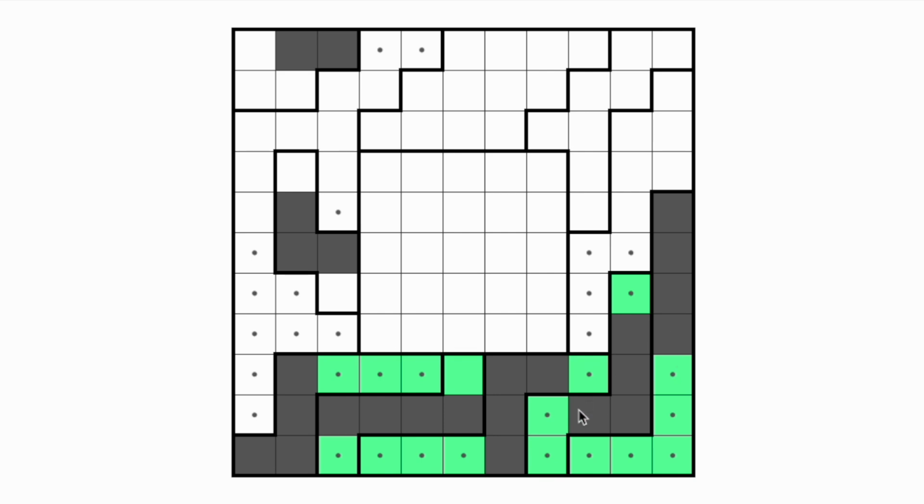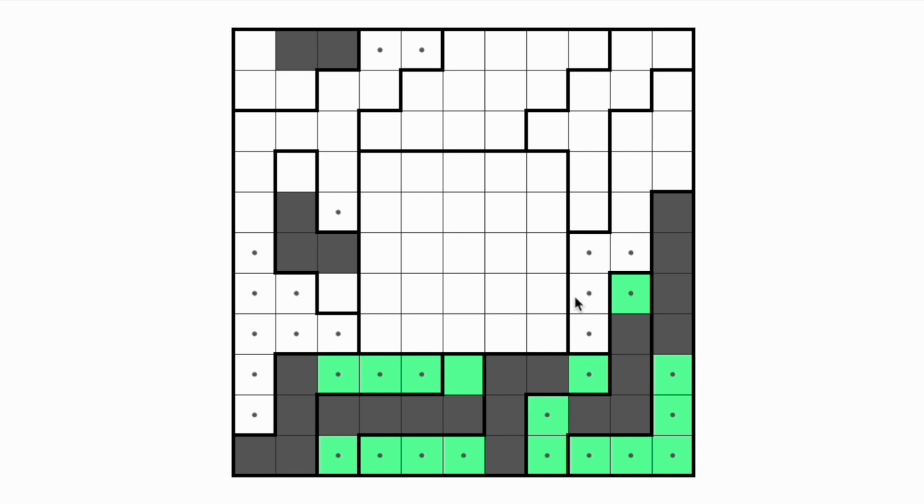Okay, so this region has to come out here, and this region has to come out here. So one of these is definitely shaded, and not all 3 of these.